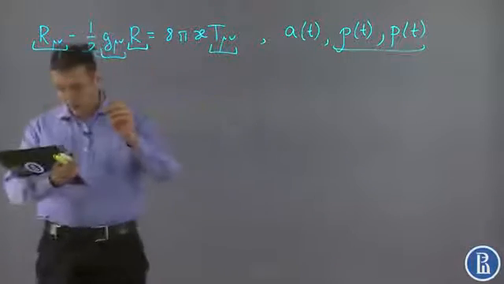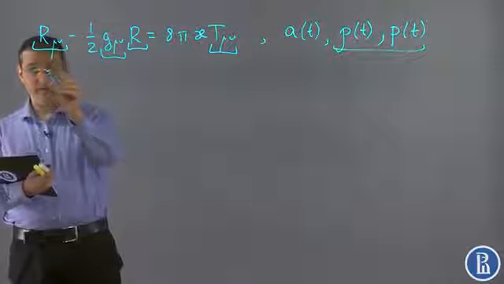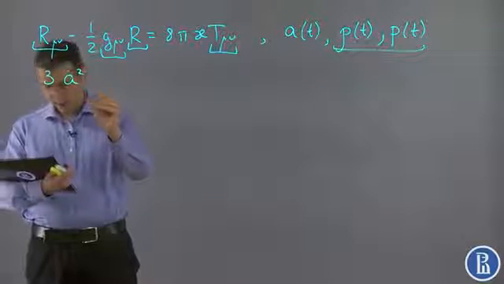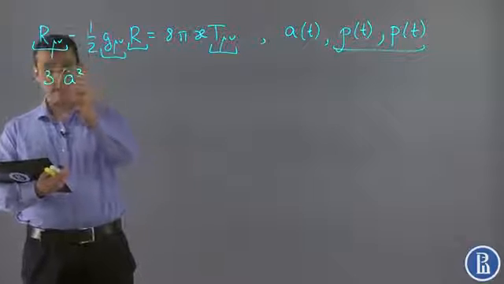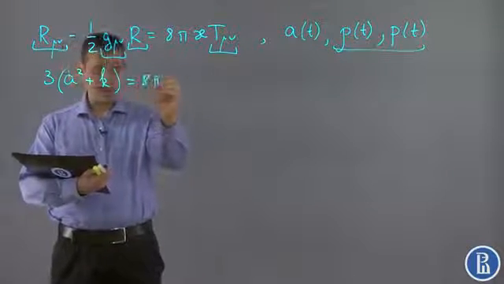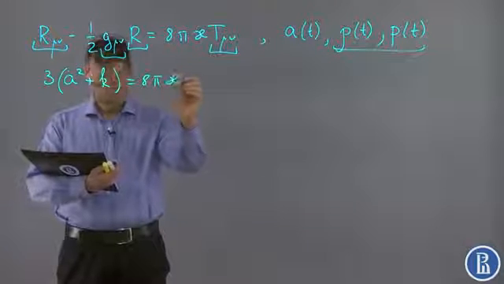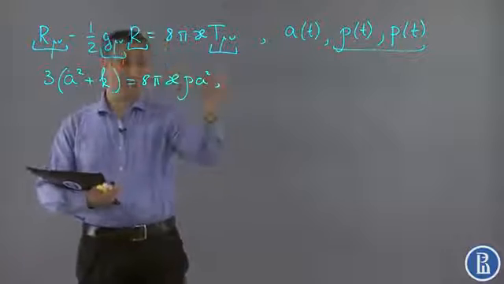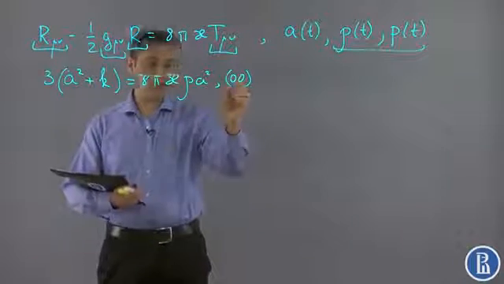So the equations that we obtain are as follows. It's 3 a dot squared plus k equal to 8 pi kappa rho a squared. This is the 0, 0 component of this equation.